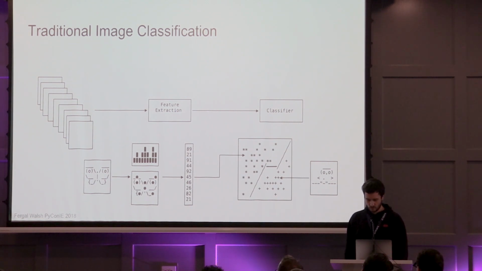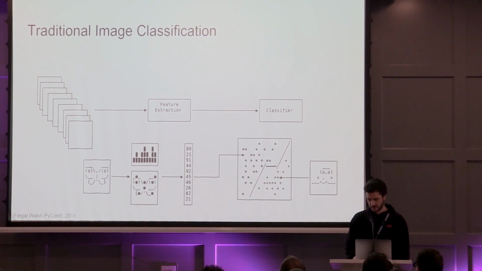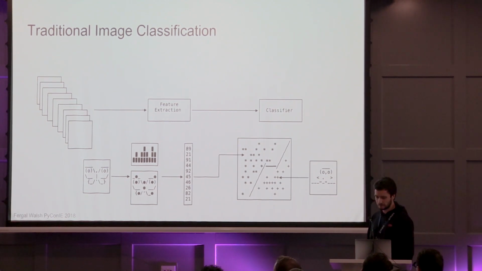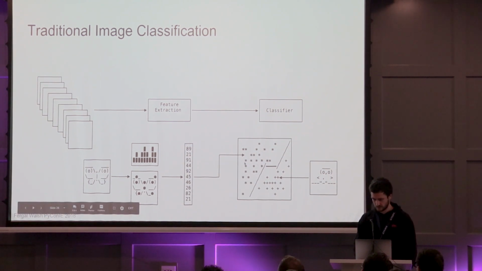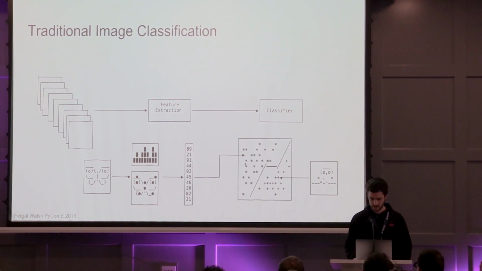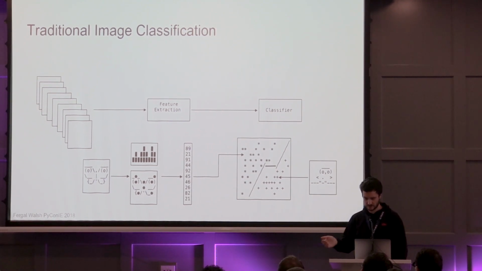And then we would train a classifier to basically find the line that separates the classes in our system. So in this example, we have two different types of data points, and we have the line that separates the two of them. So that's the basic idea of traditional image classification. Train the data, feature extraction, classifier.